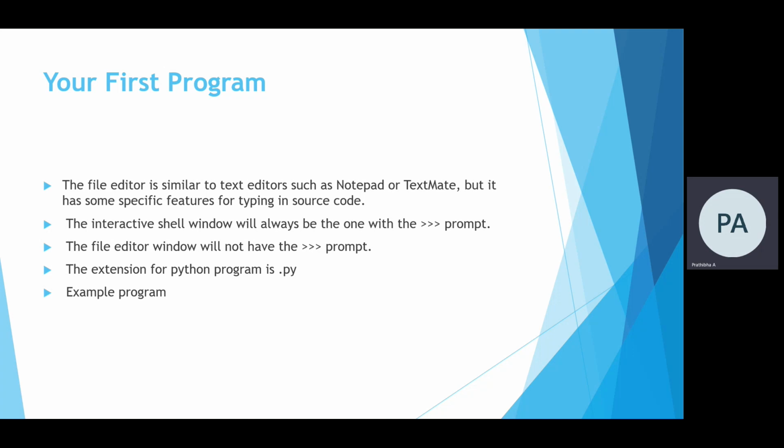You can see there a file editor is similar to a text editor or a notepad. The interactive shell window always has a command prompt, while the editor window will not have a command prompt, but will be treated the same as a notepad. There you can type your program and save it with .py.